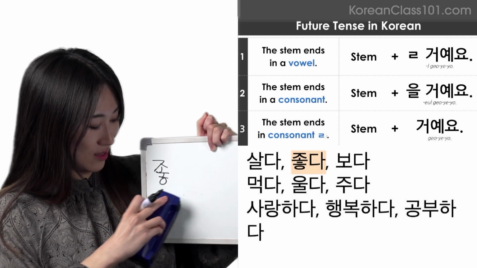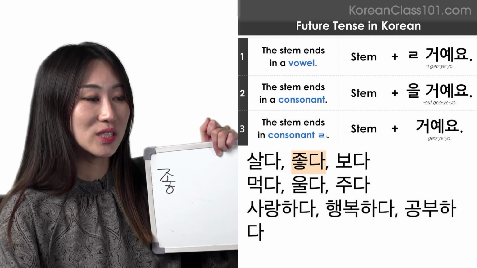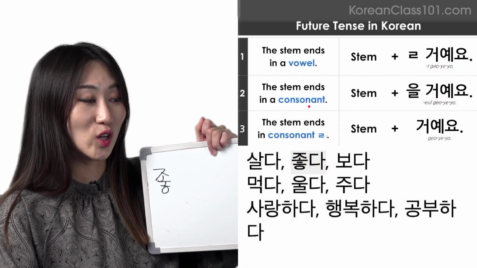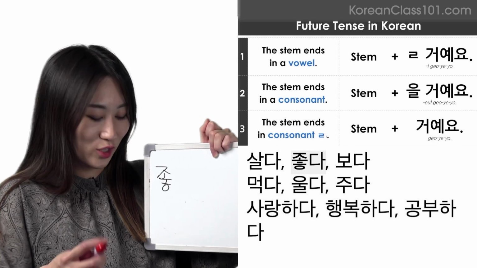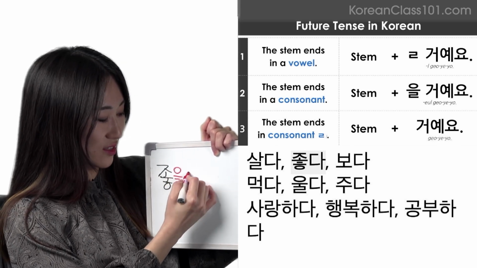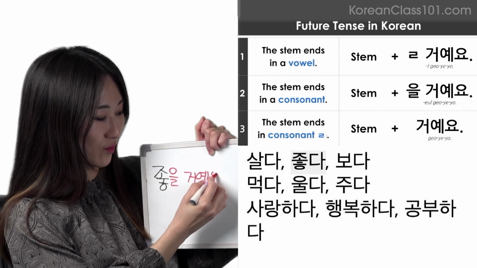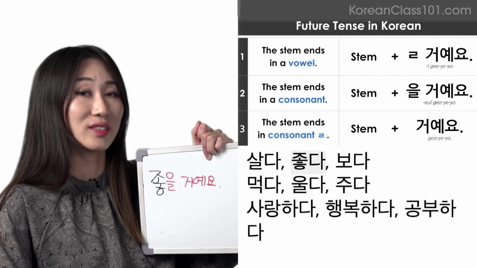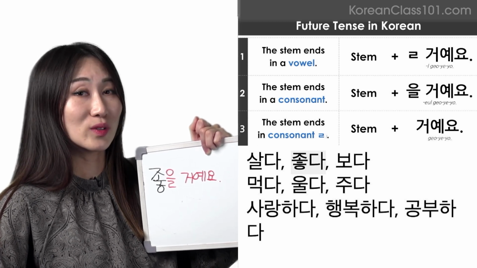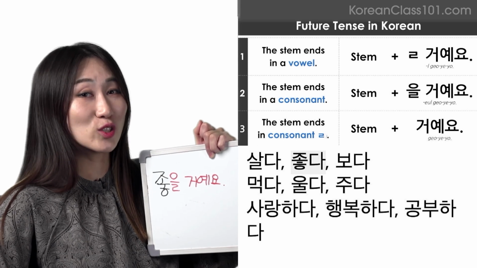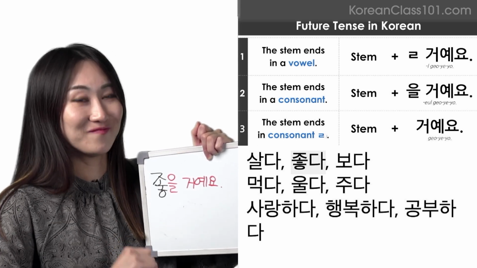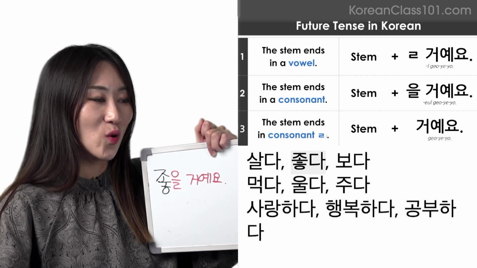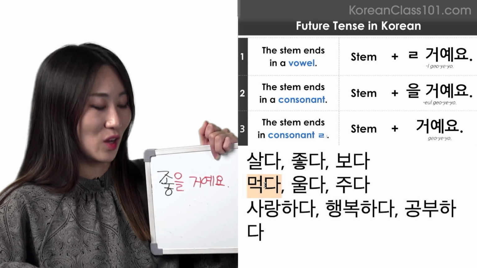So we use 을 거예요, because it ended with a consonant. It will be good. For example, the weather will be good tomorrow. 내일 날씨가 좋을 거예요. 좋을 거예요. It will be good. Now, let's try this. 먹다.